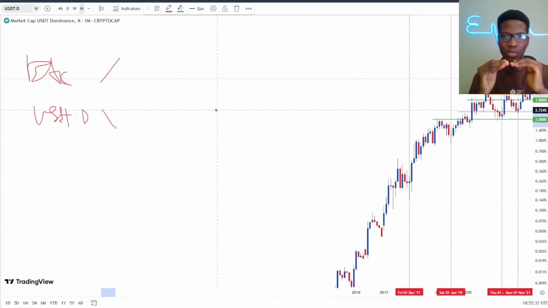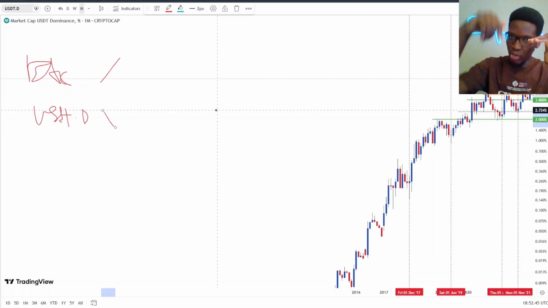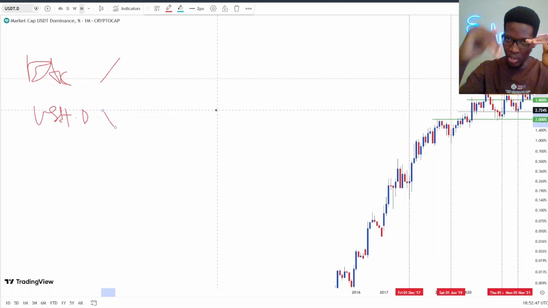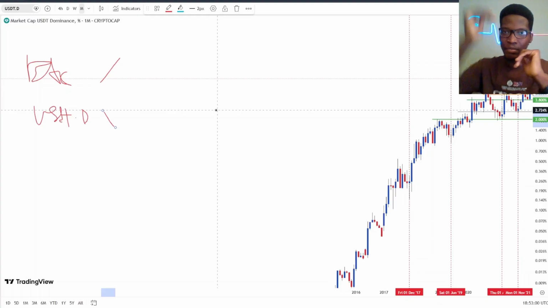As Bitcoin USD goes higher, those with USDT exchange their USDT to buy more BTC, and the opposite is also true. As Bitcoin drops, so BTC USD drops, people exchange more of their Bitcoin into USDT, making their USDT increase. So the valuation of their USDT portfolio increases as Bitcoin drops.